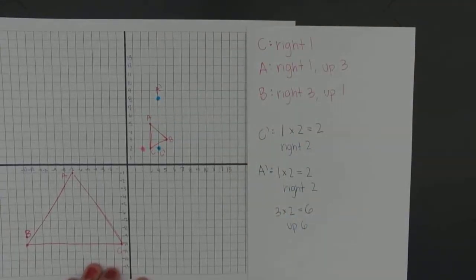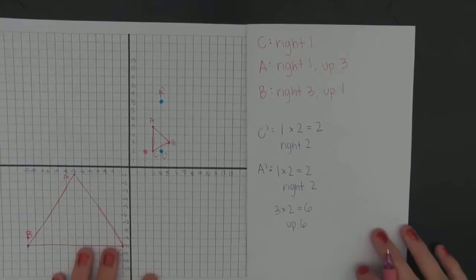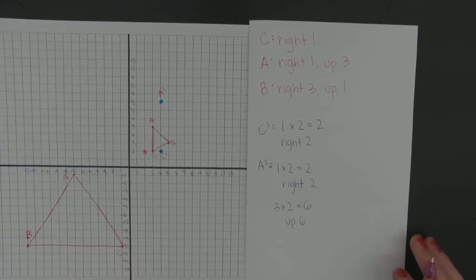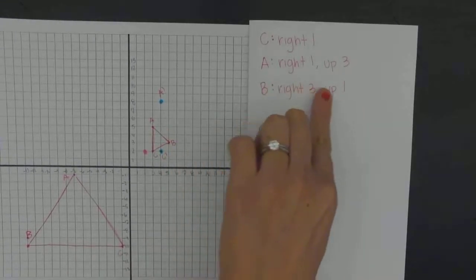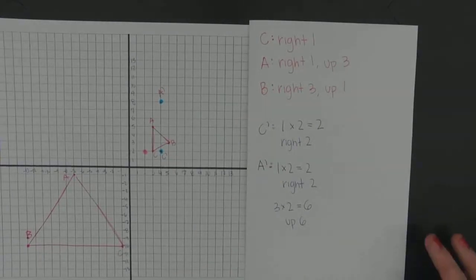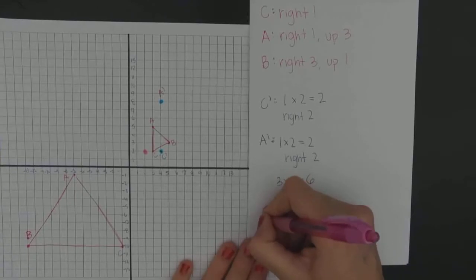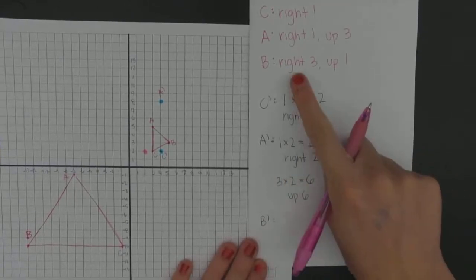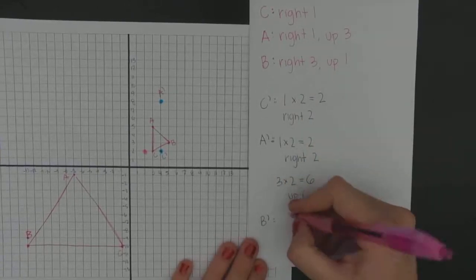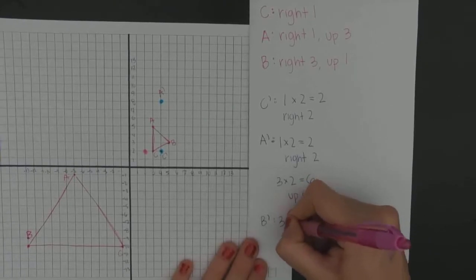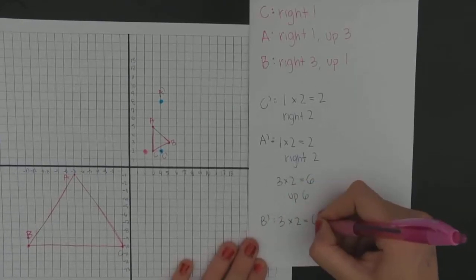Awesome. So I have 2 of my points done. And I'm still just doing multiplication. You guys know how to do this. This isn't anything new. It's just trying to remember to find the distances is all. But we're still just doing multiplication. Okay, so on my last step, I'm going to do B prime. So B prime, I went right 3, up 1. So I'm going to multiply 3 times 2, and that gives me 6.